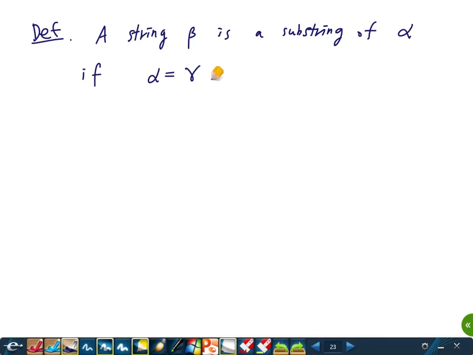Also in mathematics, when we introduce some kind of notion like sequence or set, we often talk about subsets, or for strings, substrings. What is a substring? A string beta is a substring of a string alpha if alpha equals gamma, beta, delta for some strings gamma and delta.